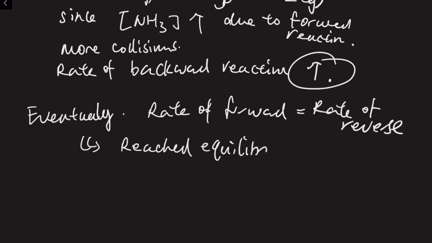Because if the rates of the forward and reverse reactions are the same, then we do not have any change in the amount and the concentration of reactant and product.